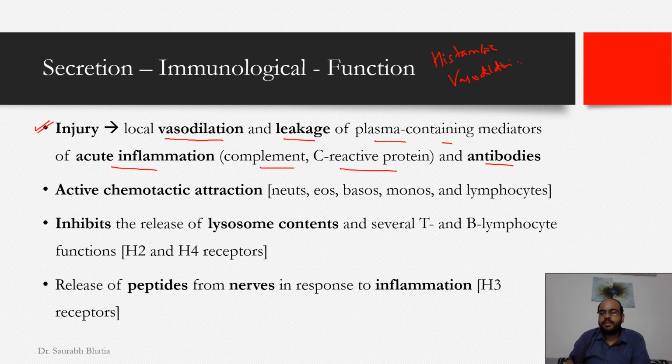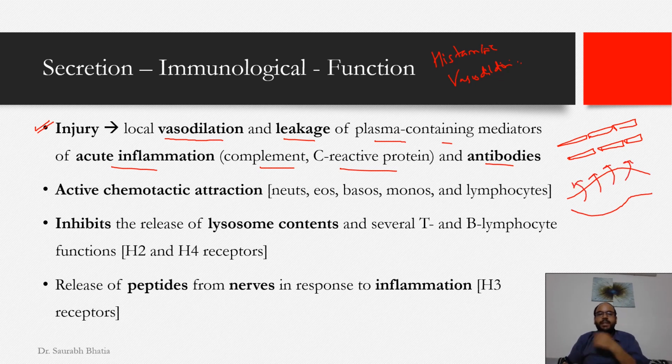So if you have a blood vessel which is lined by the endothelial cell, when it dilates, it will lead to leakage of plasma proteins, fluid, C-reactive protein, complement mediators, other inflammatory mediators. So histamine is a vasodilator and also a chemical which increases the blood vessel permeability.